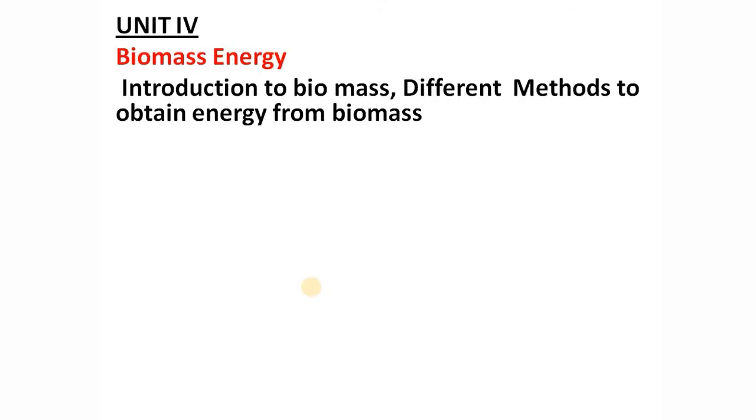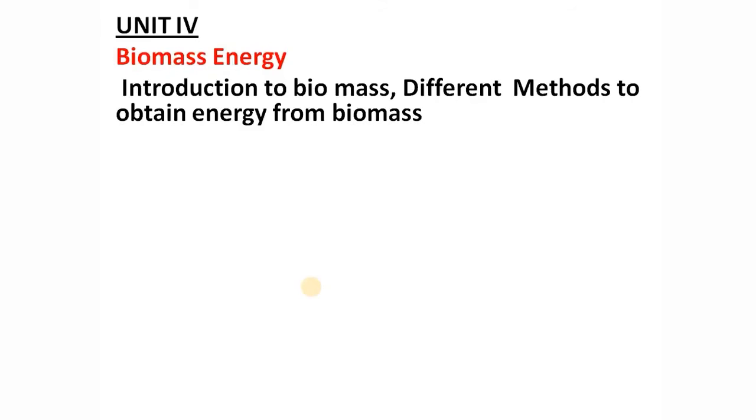Biomass simply means whatever waste you get from agricultural fields, or animal waste, you can say cow dung or human excreta. These all are biomass. Many agricultural products, even forest products, you can count for that matter.